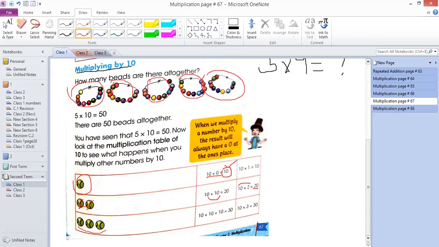So the total number of objects will be 20. Then there are 3 groups of 10, 3 tens. So 3 tens mean 10 plus 10 plus 10 or 3 times 10. So the total number of objects will be 30.